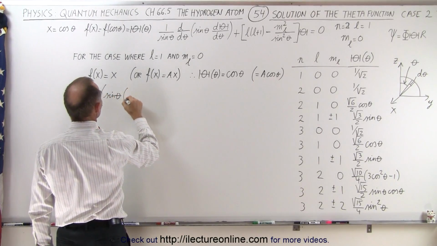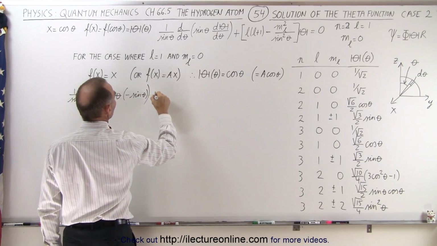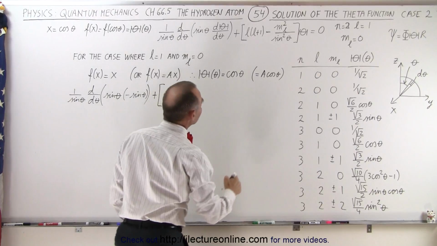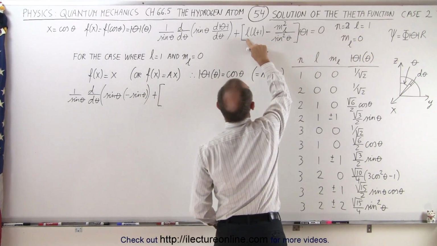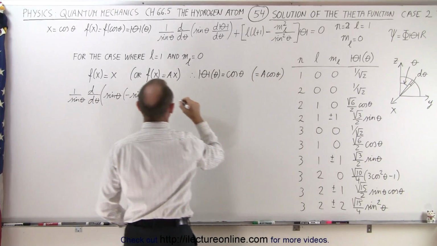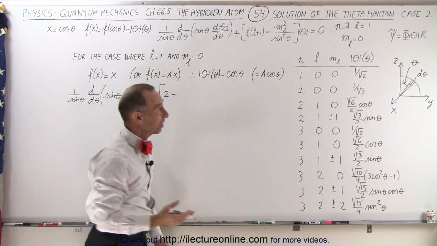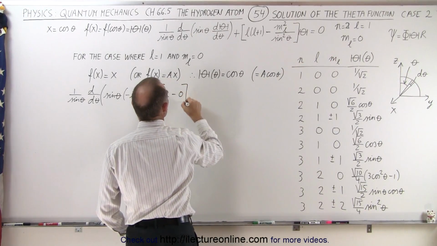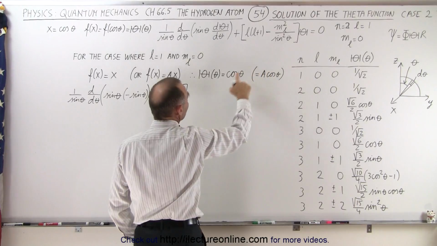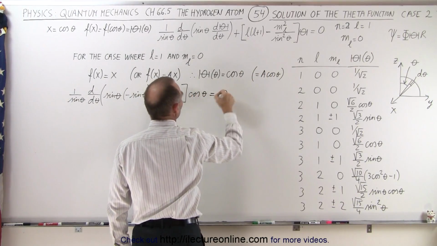So we have to multiply this times the negative sine of theta, like this, plus L times L plus 1. Now, since L is equal to 1, 1 times 2 is equal to 2, so this becomes a 2, minus M sub L squared, and in this case, M sub L is still equal to 0, so it gives us a 0 here, multiplied times the function. Now the function, remember, is the cosine of theta.